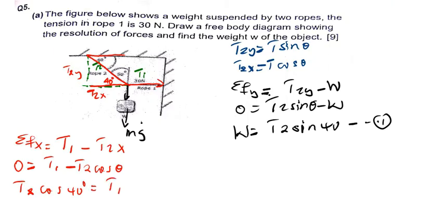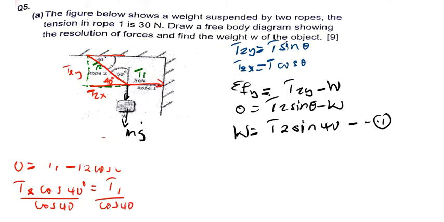So divide both sides by cos 40. I'm trying to find T2. So we have T2 being equal to T1, which is 30, divided by cos 40.